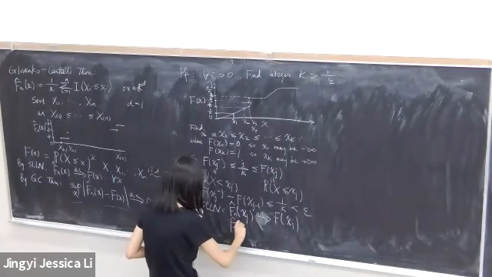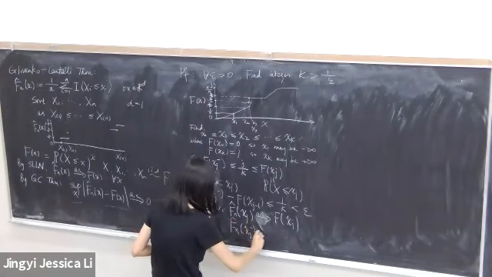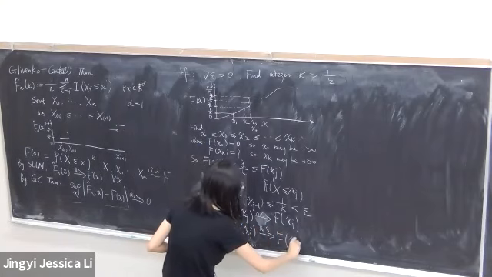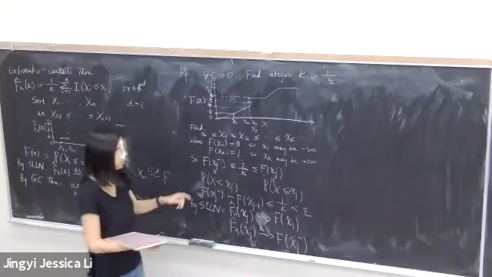F_n hat(xj minus) converges almost surely to F(xj minus). This is by the same argument.